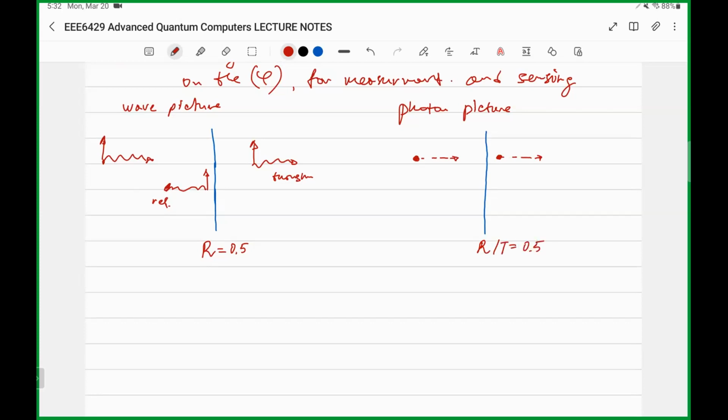So 50% of light passes through, and another 50% of light bounces off the surface.